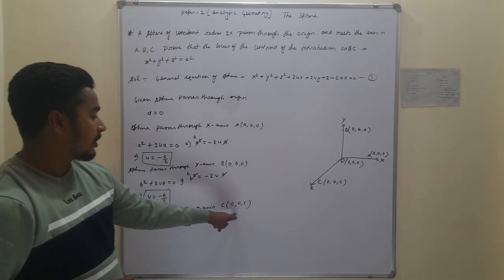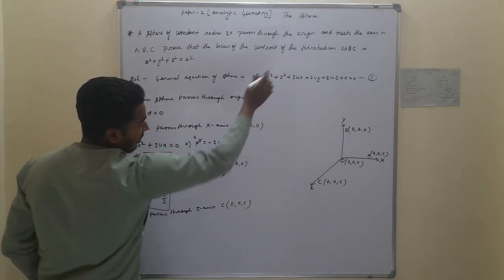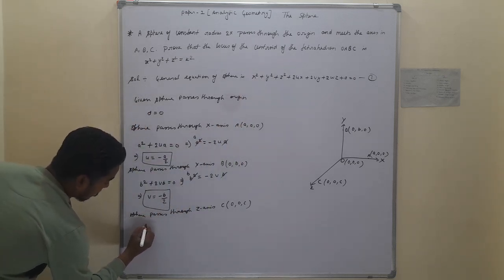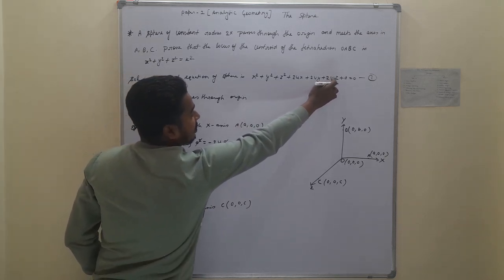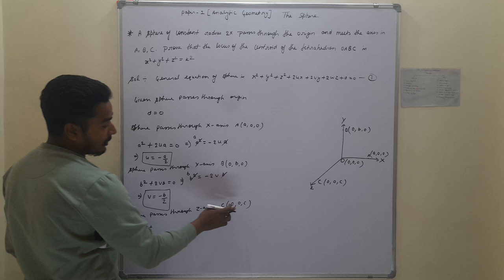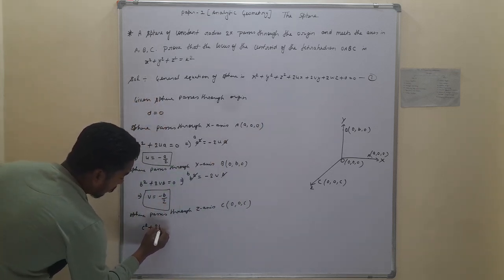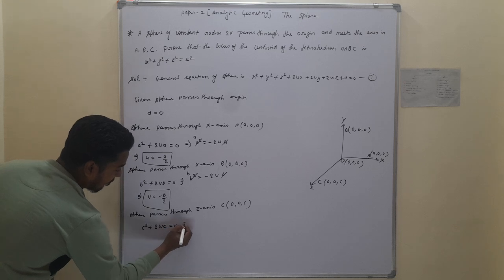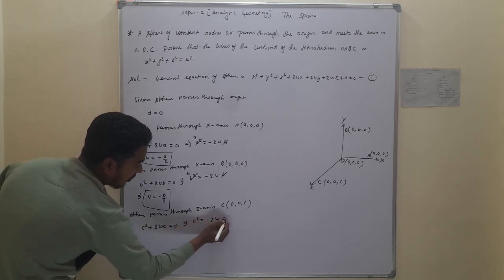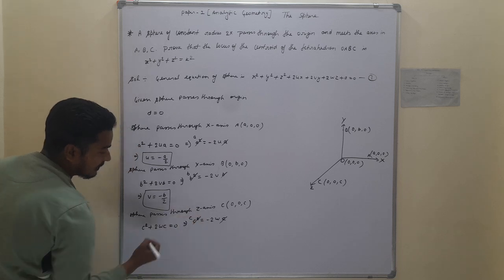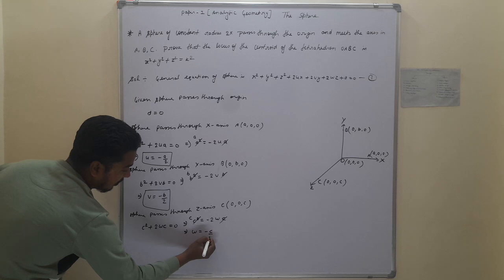Putting x is 0, y is 0 and z is c, we get c square plus 2wc equal to 0, since 2ux and 2vy are 0. From here c square is equal to minus 2wc. The c cancels out, and we get w is equal to minus c by 2.